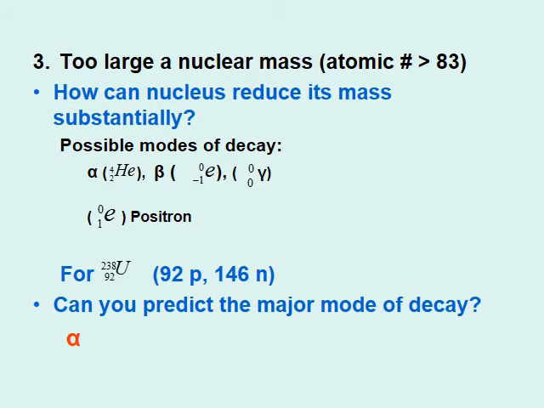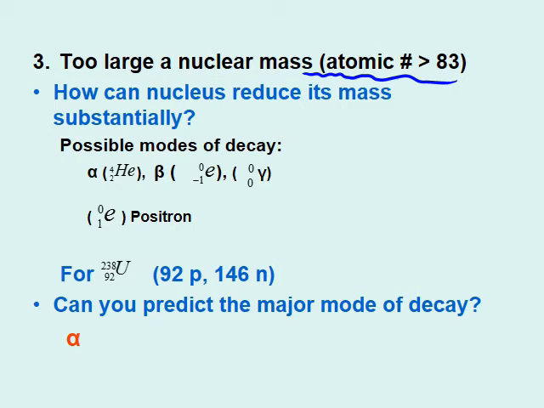Now, the third reason why a nucleus could be unstable is due to its mass. Too large of a nuclear mass would have too many protons, and that's why they're unstable. I have already mentioned that when atomic number exceeds 83, none of the nuclei are stable because they already have too big of a mass.